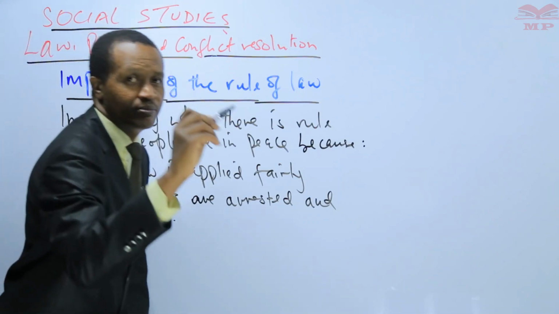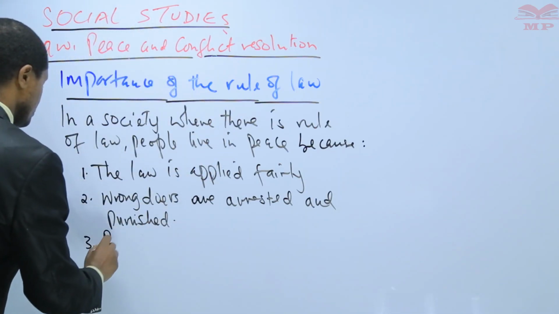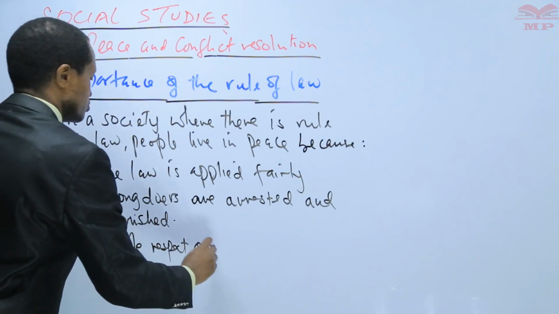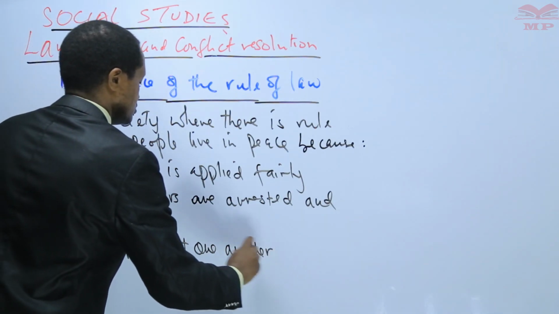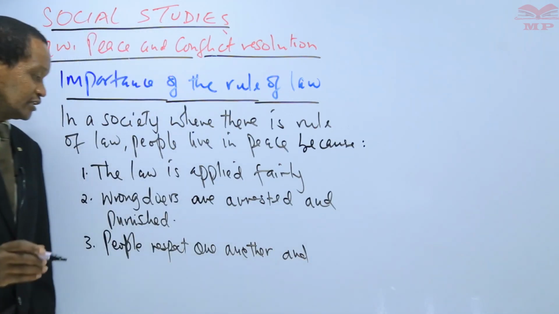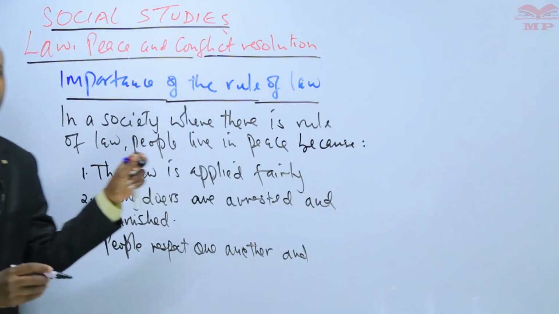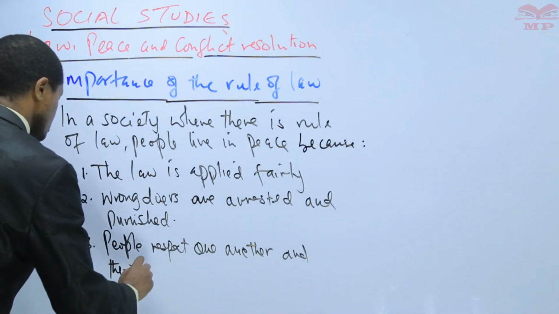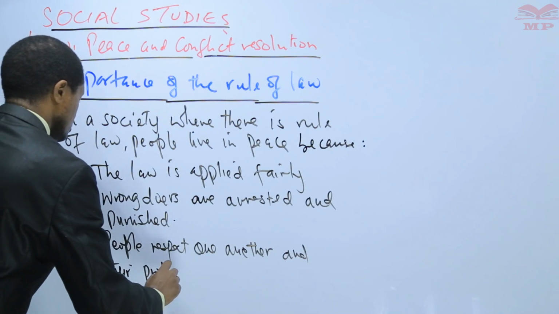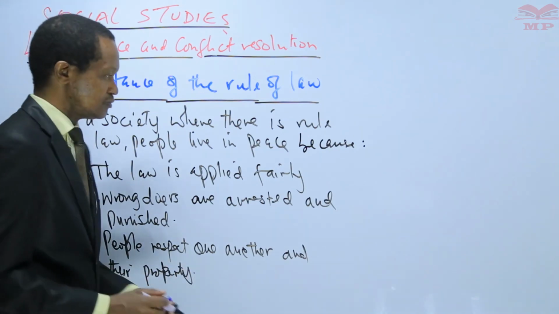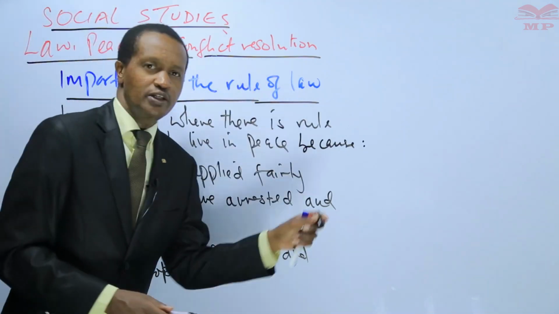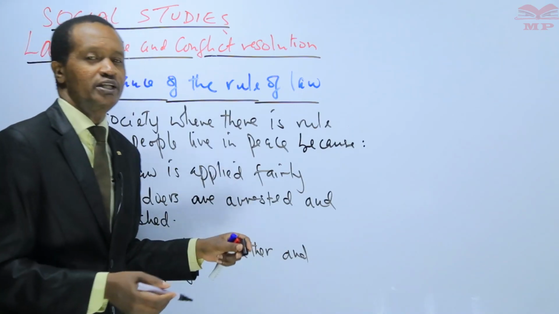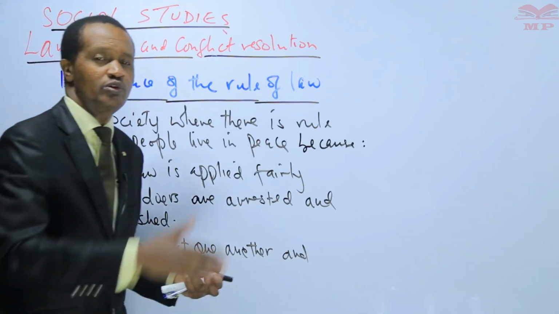Other than just respecting one another, people also respect other people's property where there is rule of law. Learners, we said, in a society, the government puts in place laws which people are expected to follow.